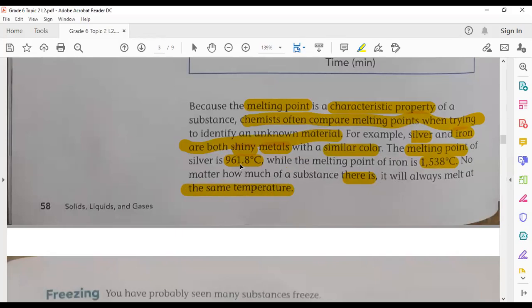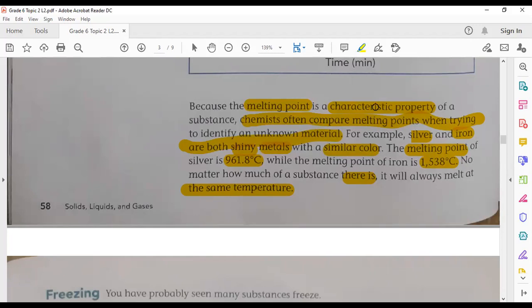No matter how much silver, it will melt at the same temperature. No matter how much ice you have, it will melt at the same temperature. Understood? Because it's a characteristic property. It'll never change, no matter how much you have of the substance. Melting point is a characteristic property.